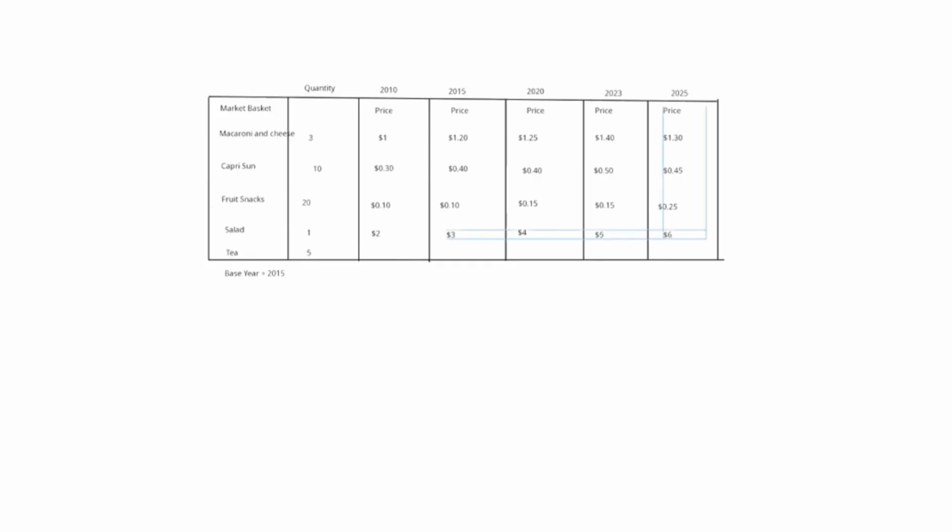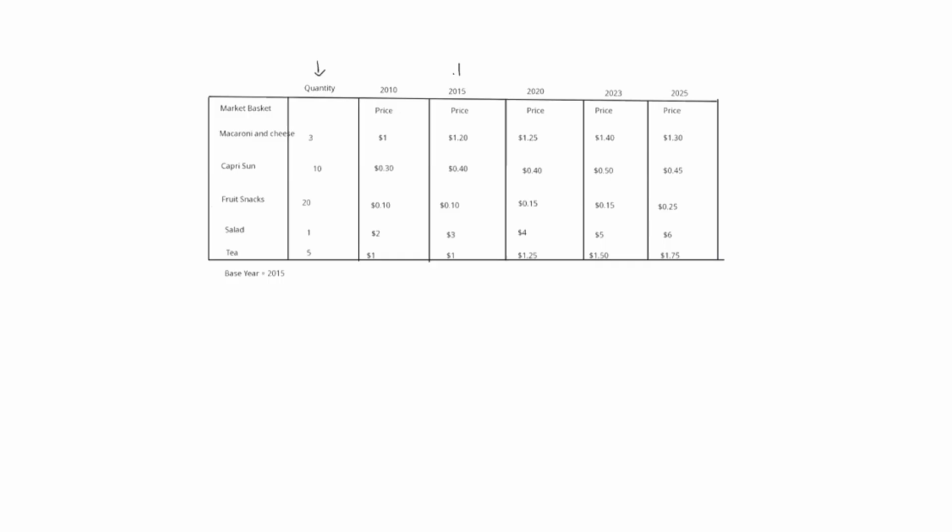And then for tea, we'll say $1, $1, $1.25, $1.50, and $1.75. So we have a base year of 2015. We have our market basket. That's going to be a fixed quantity. This is going to be our base year prices.